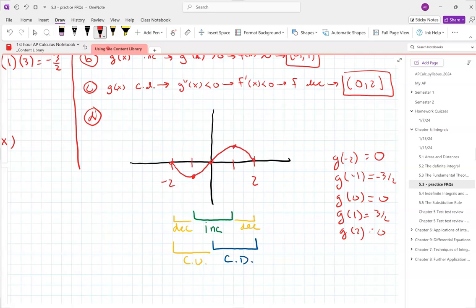So that should be my graph of g of x, should look something like that. Notice that it's decreasing in the right spots, right? We're decreasing on both those spots. We're increasing in the right spot, yup. We're concave up in the right spot, and then concave down in the right spot. Okay.